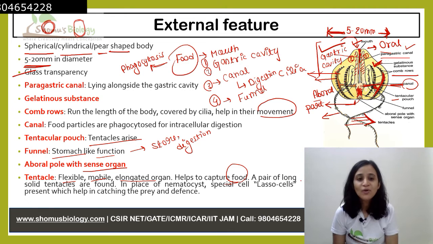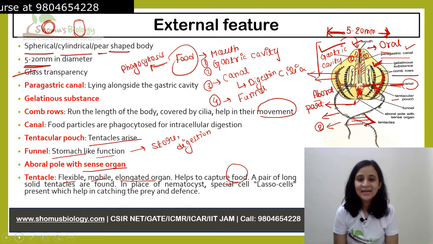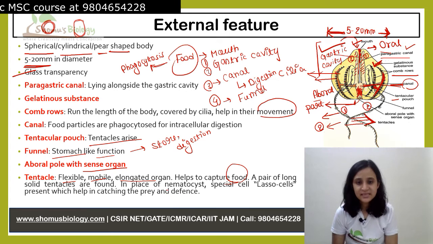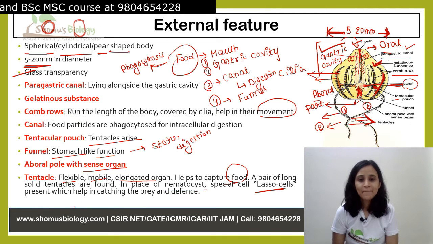A pair of long solid tentacles is found. So here we can find two long solid tentacles. This is one and this is two. In place of nematocysts, special cells, that is lasso cells, are present.